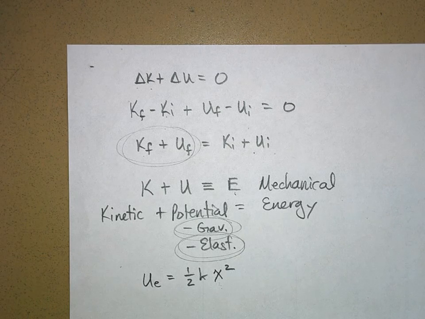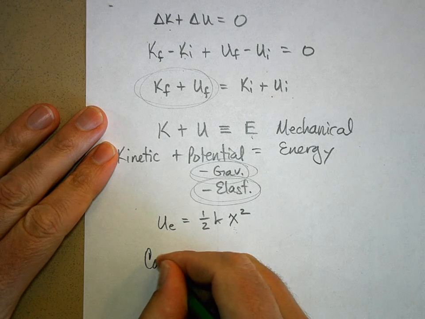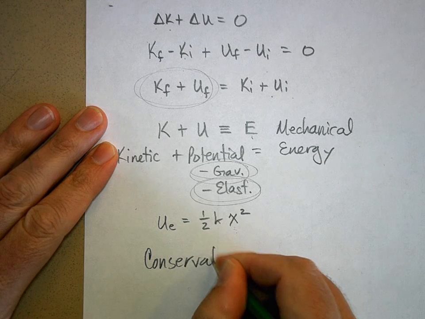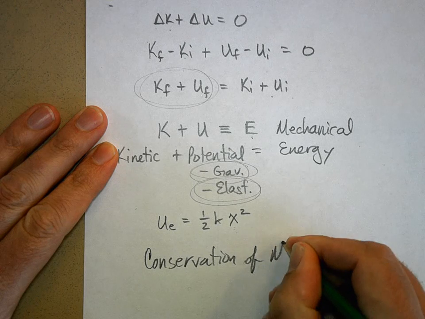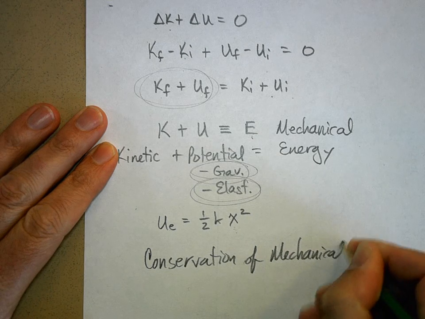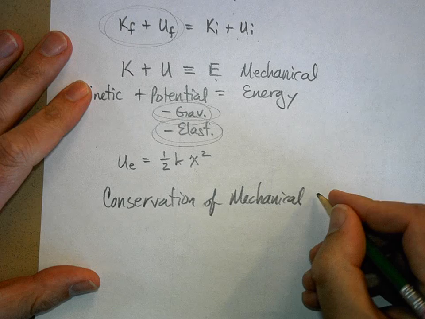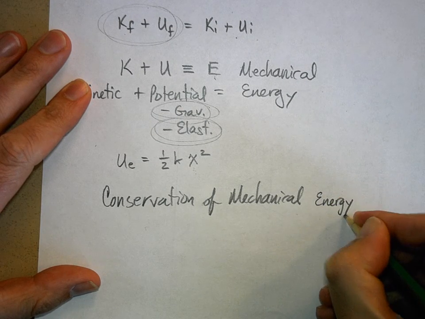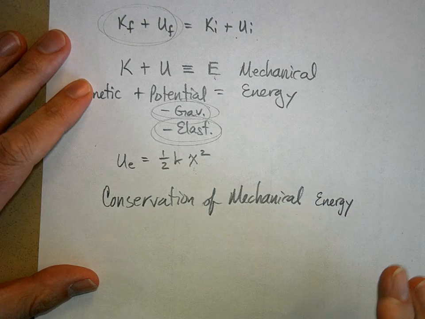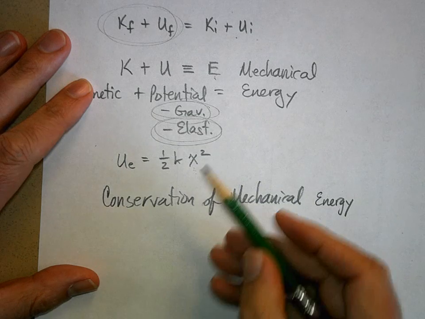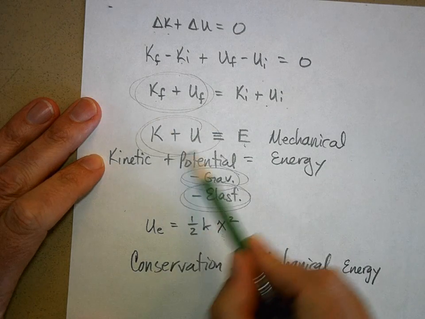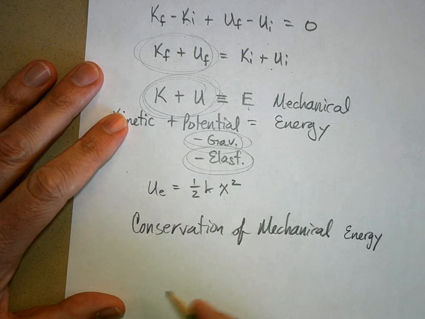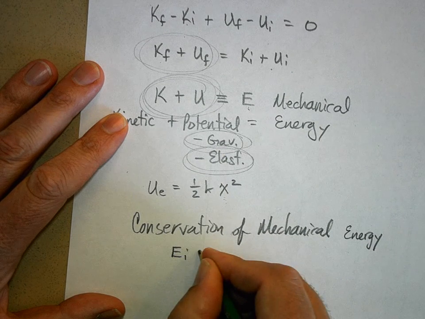Okay, this is the first great conservation law in physics that you're going to learn. This is called conservation of mechanical energy. If I call this E, then what I can say is E initial equals E final.